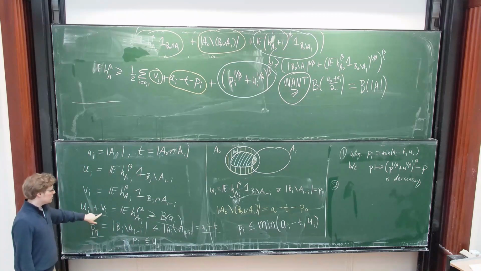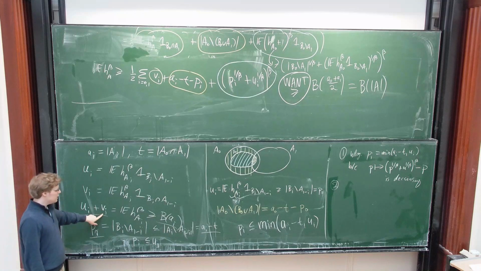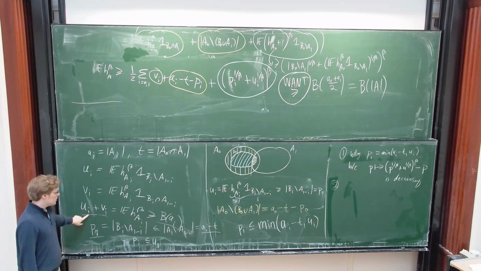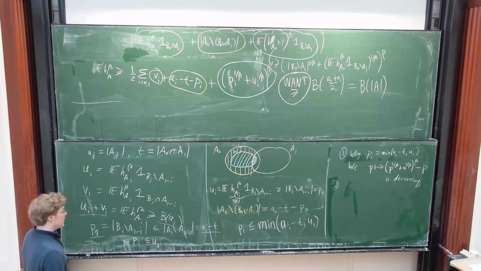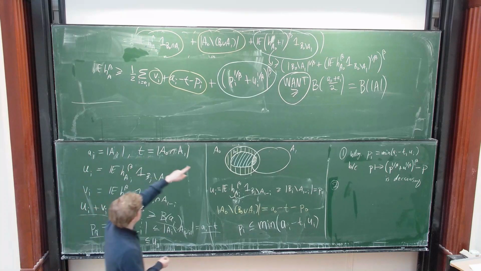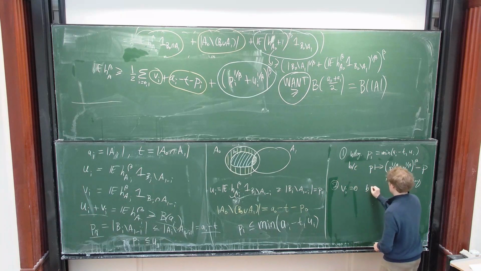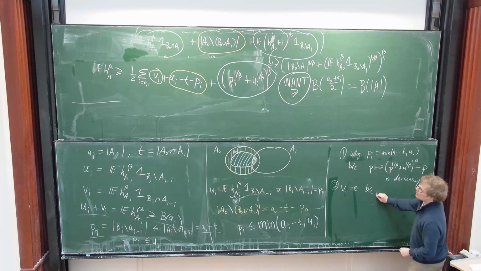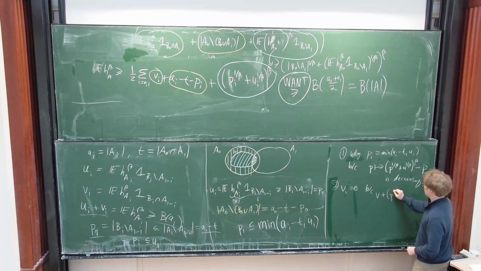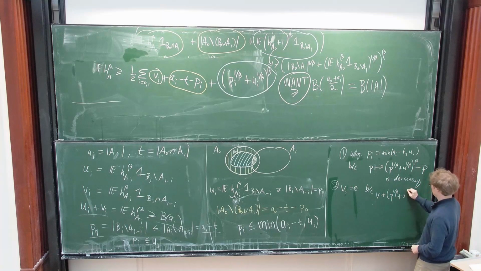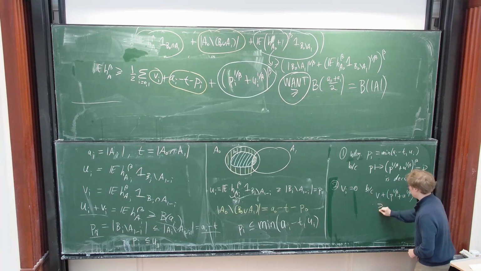But unfortunately, the constraint on v is involving u, so I can't just replace v by 0, because how do I know that I'm not losing something? Except I can, because I can actually rewrite this. So vi is 0, because if I write (v plus p) to the 1 over beta plus u to the 1 over beta, I can rewrite this.